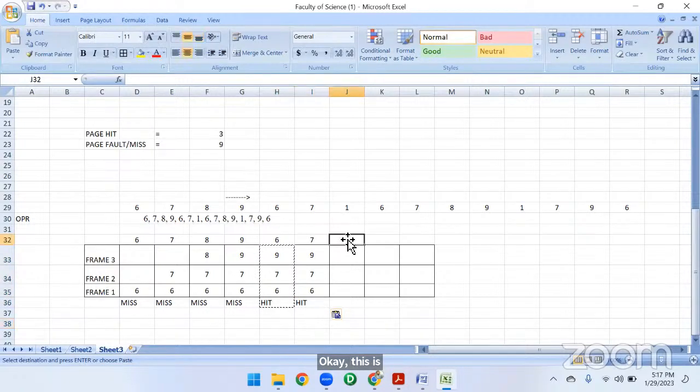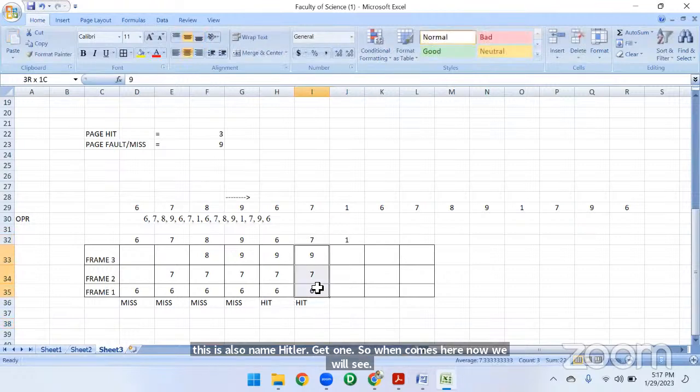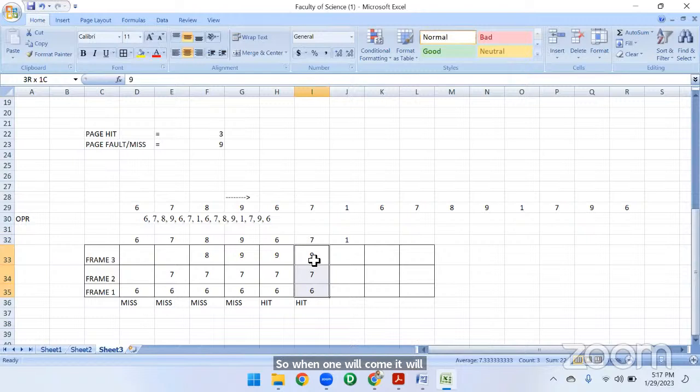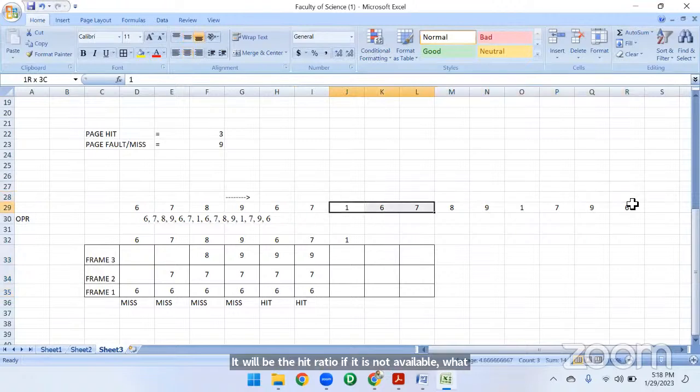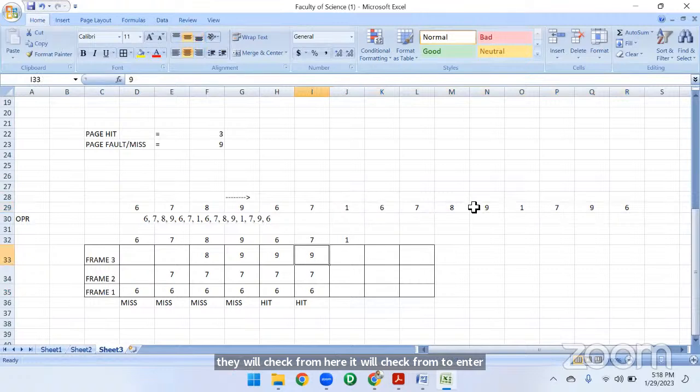So when 1 comes, it will check with the memory whether 1 is available or not. 1 is available, so it will be a hit. If it is not available, what will it check? From here, it will check toward the future ones. So 9, let me check with 9. 9 is used after 6, 7, 8, 9. Next one, 7. 7 is used immediately. 6 is also used immediately, right?